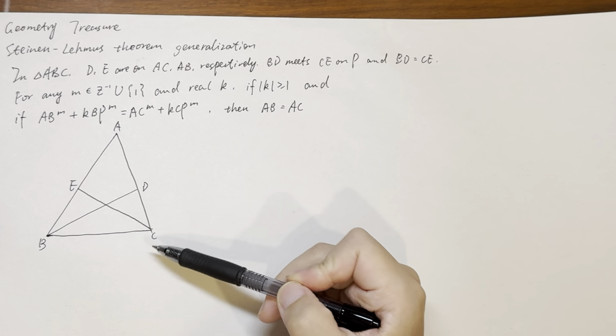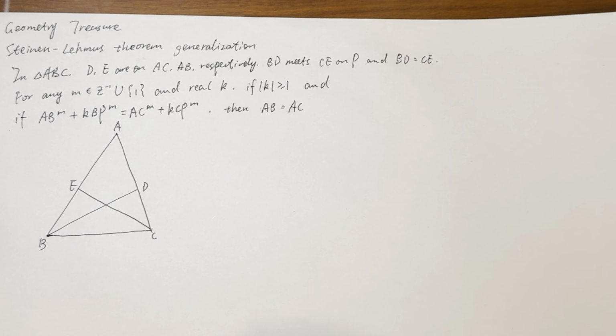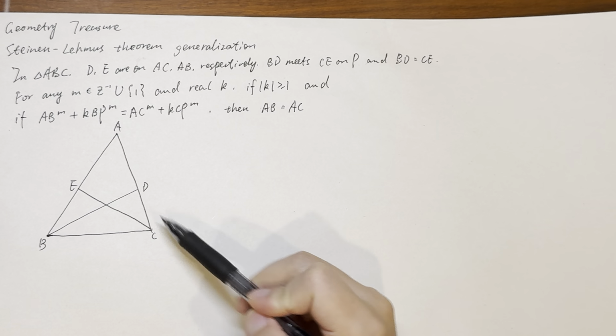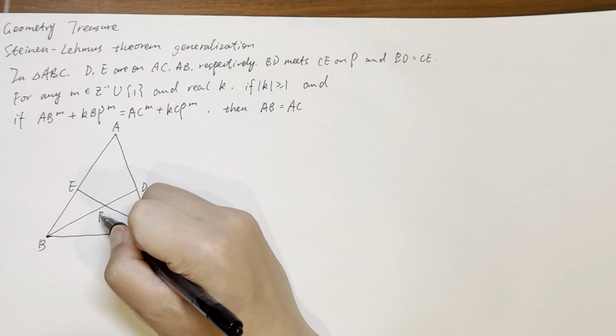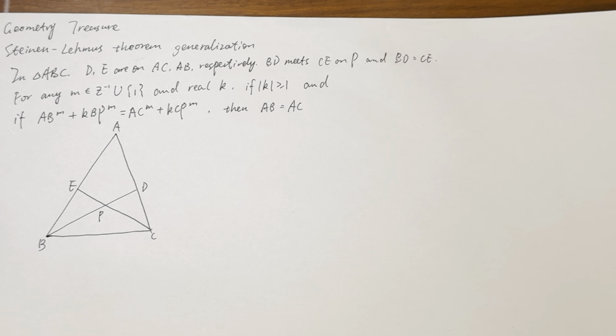In triangle ABC, D and E are on AC and AB respectively. BD meets CE at P, and BD equals CE.